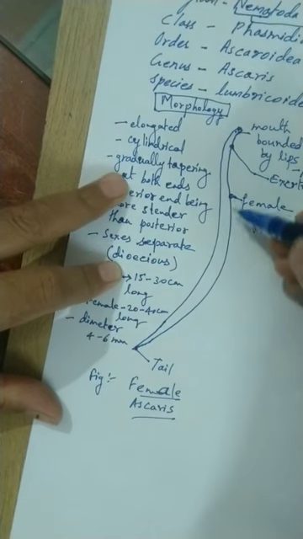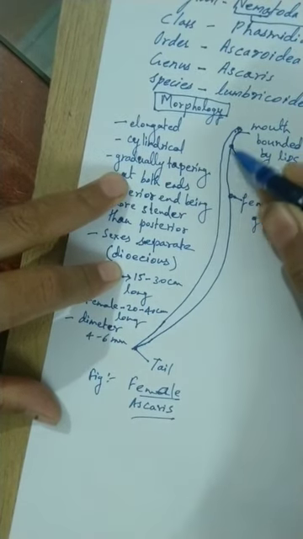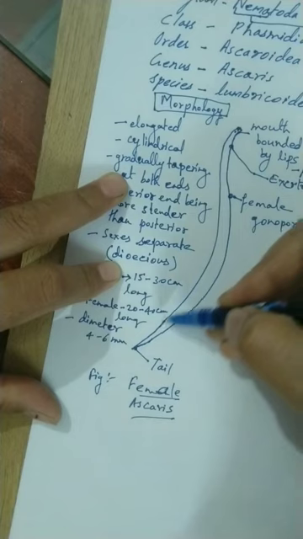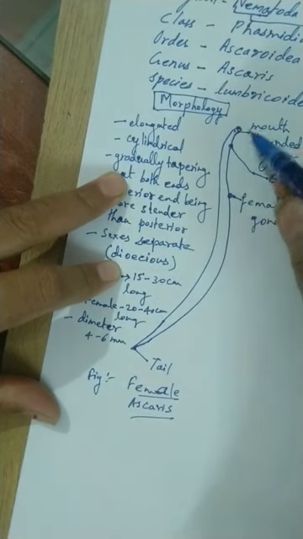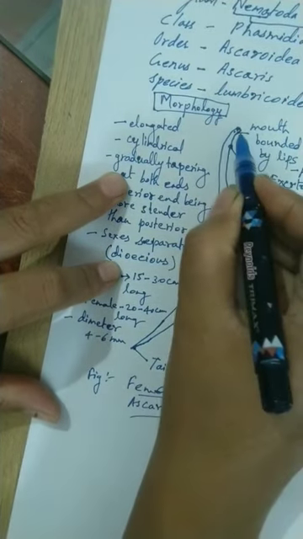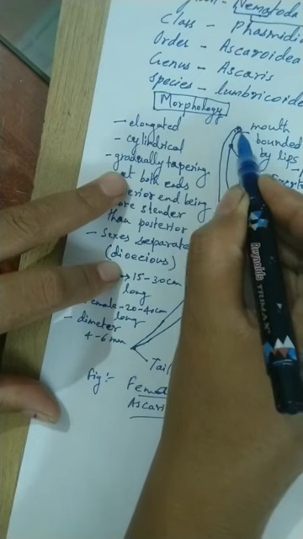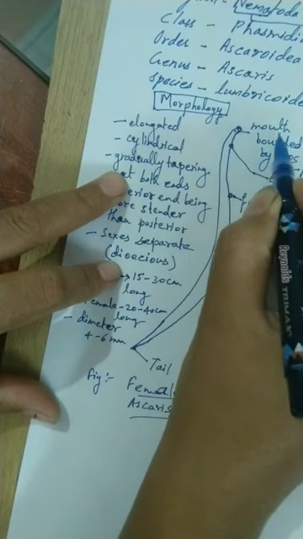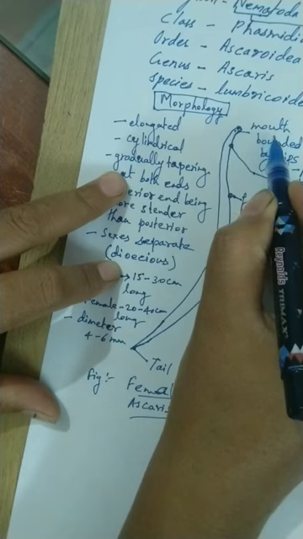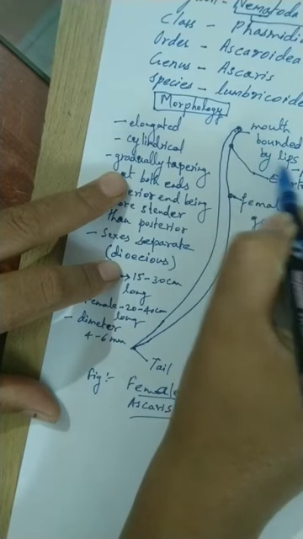See this diagram. This is the diagram of a female Ascaris. It is the anterior portion of the female Ascaris. This is the mouth bounded by lips.